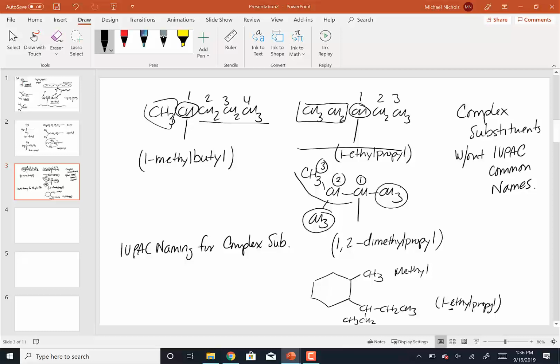So if you had a 1,1-dimethylhexyl, that would actually be alphabetized on the D, because the parentheses rule is you alphabetize on the first letter.